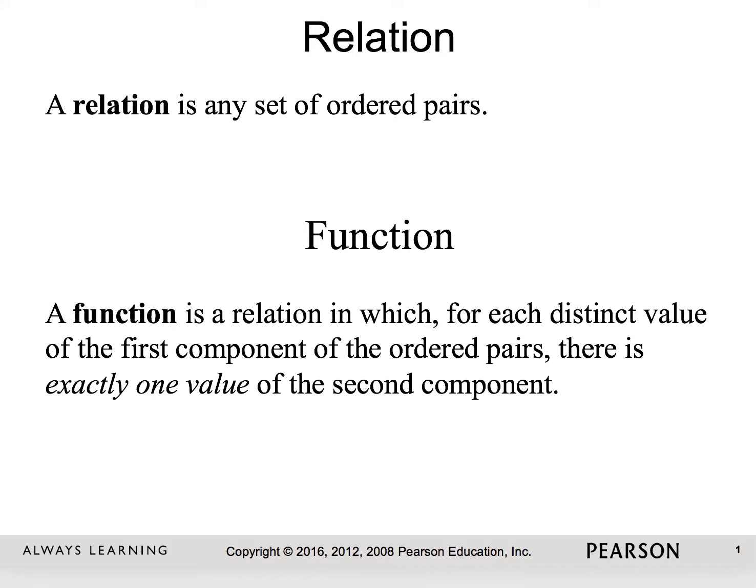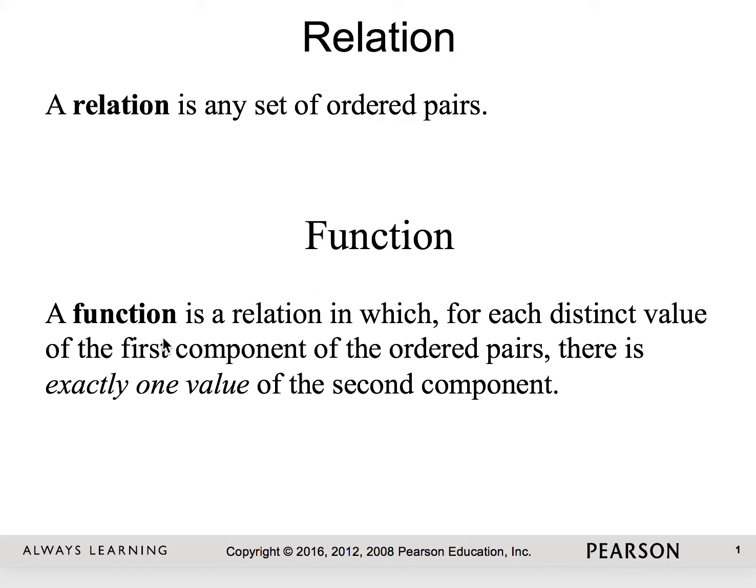Okay, in chapter 9, we're going to be interested in what determines a function. So a relation is just any set of ordered pairs, right? So basically you've got two sets, usually x's and y's, but any set of ordered pairs.